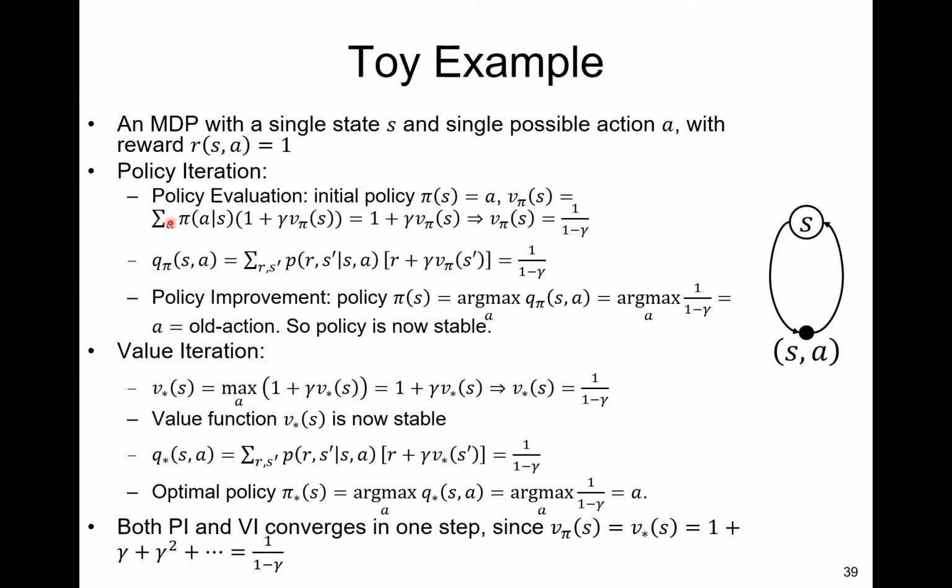The sum over A is simply 1, because there's a single possible action. So you get v pi(s) is 1 over 1 minus gamma. q pi(s) is computed with this formula, which again simplifies into 1 over 1 minus gamma.